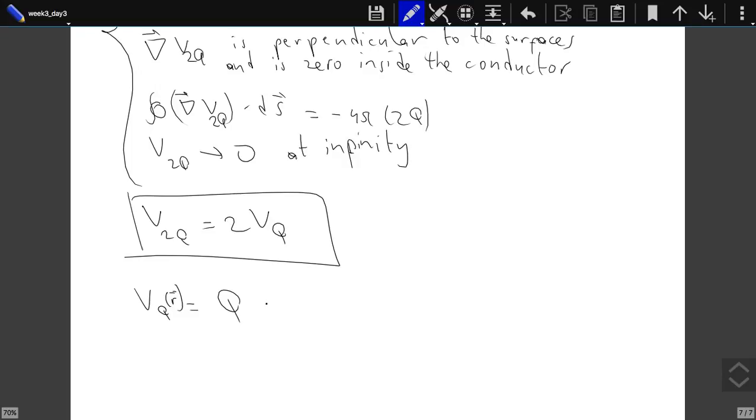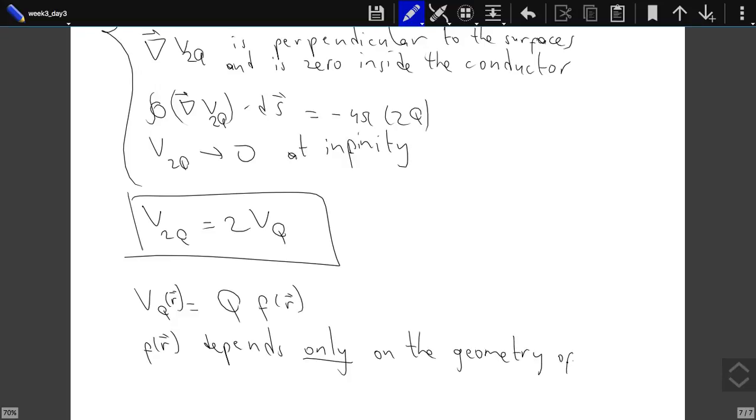Let's call it f of R. But this f of R depends only on the geometry of the problem. It doesn't depend on how much charge I put. It is independent of Q. That's what I mean by it only depends on the geometry of the problem.